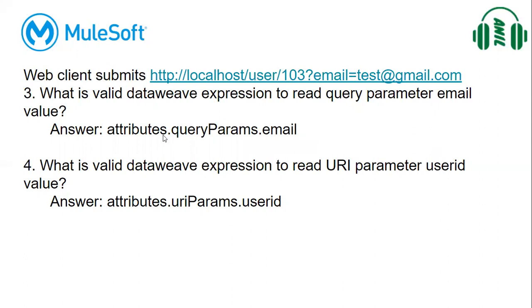But here, I can simply say the syntax to read this query parameter is attributes.queryParams.email. Here we need to give query parameter name, and this is same for all. And to read URI parameters, attributes.uriParams.userID. So this is the user ID that we need to give.